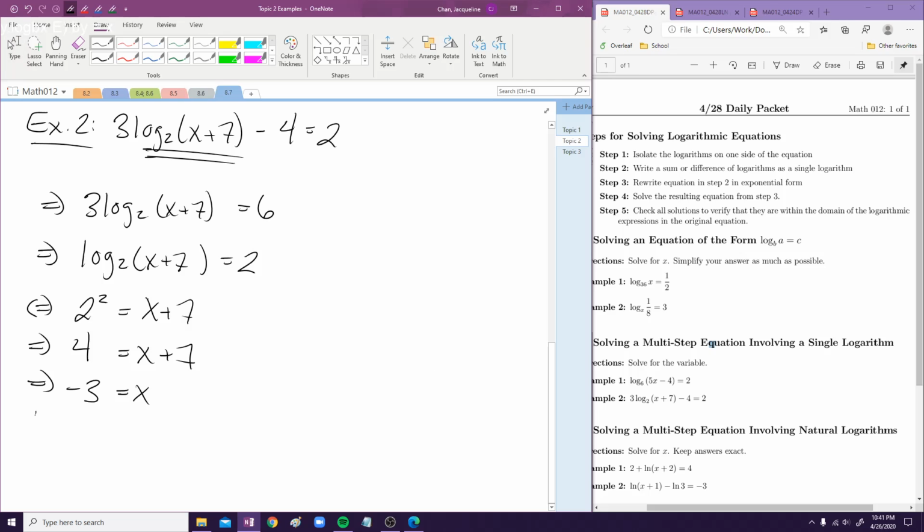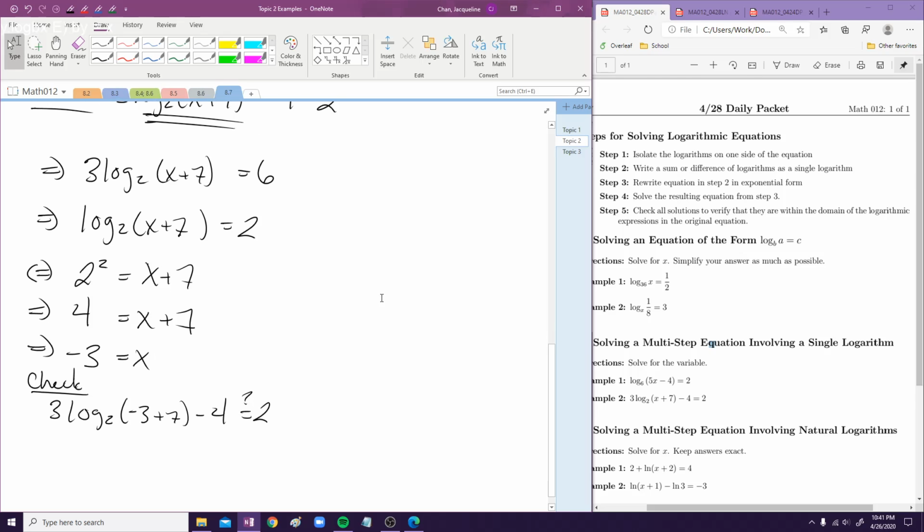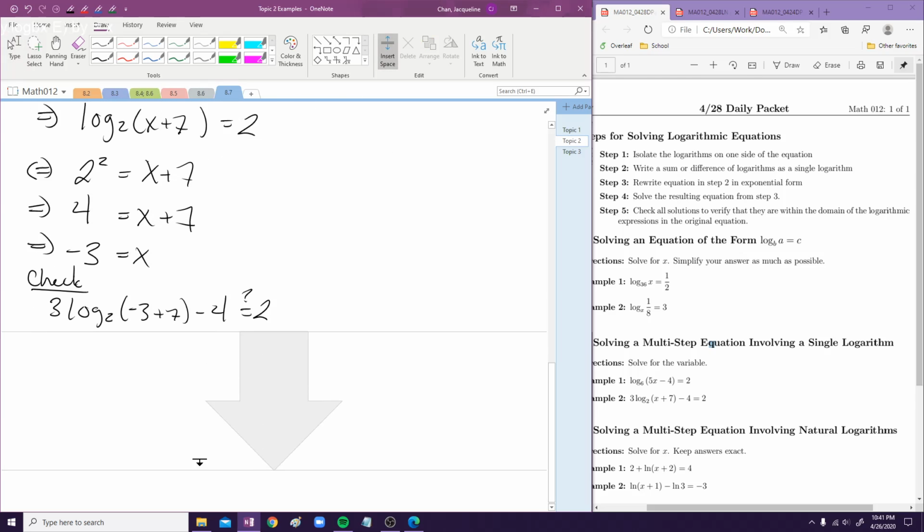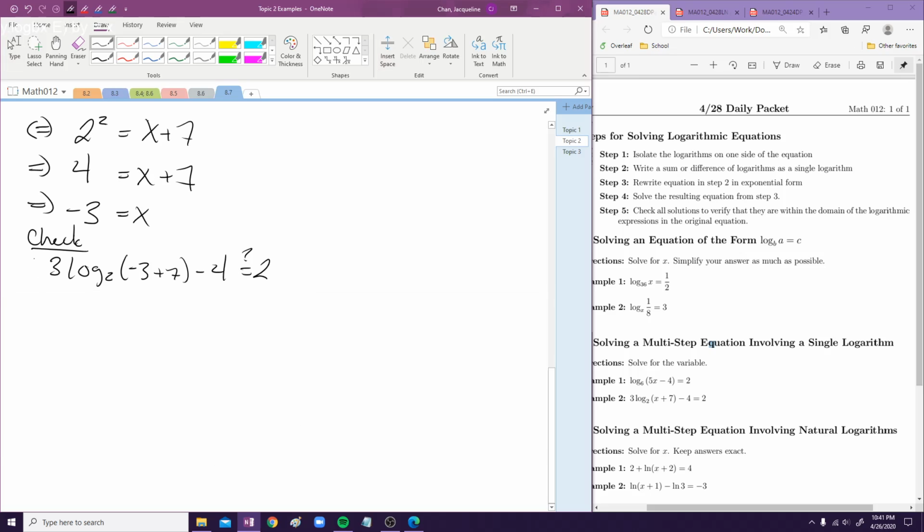So the very final step, we're going to check. I get 3 log base 2 of negative 3 plus 7, minus 4. Is this equal to 2? Negative 3 plus 7 is 4. And 4 is within our domain.